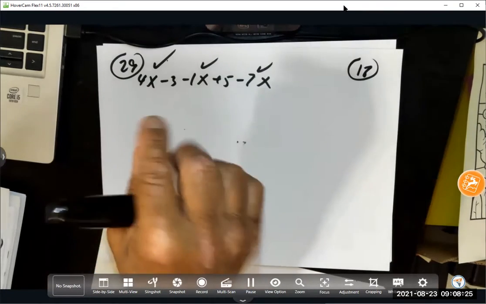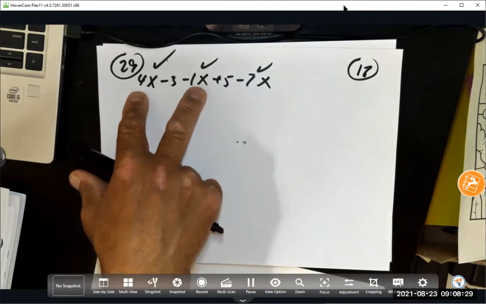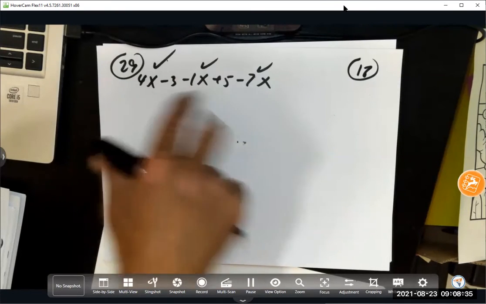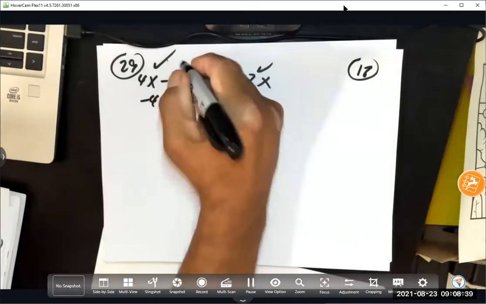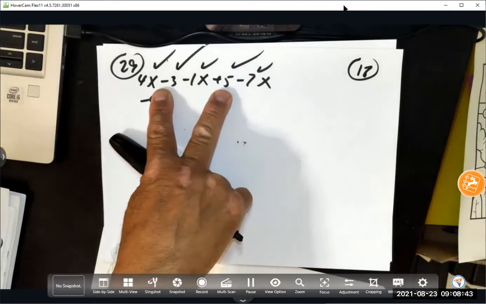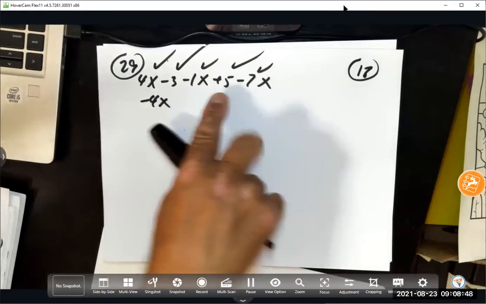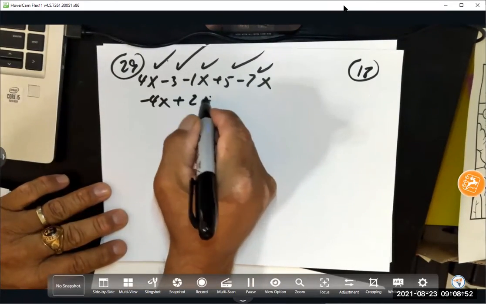Negative 4x. Yeah, because 4 minus 1 is 3, right? That's right, 3x. And 3 minus 7 is negative 4. Okay. Now, how about the other one, the big check marks? What about the negative 3 and the plus 5? Positive 2. Like this? Okay, that's right.